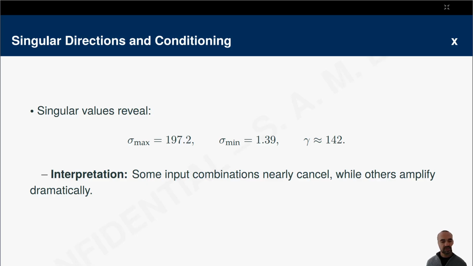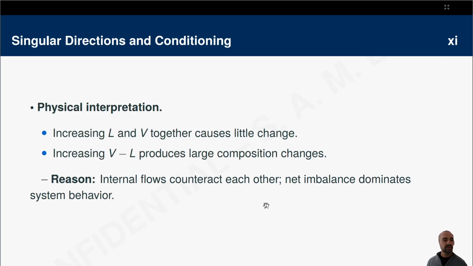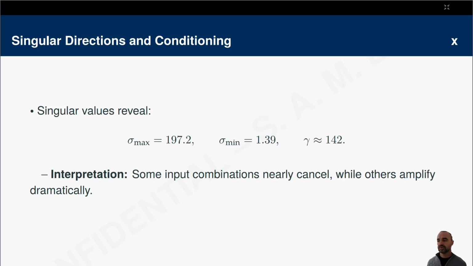I'd like to emphasize that this extremely large ratio of sigma max to sigma min means the system is ill-conditioned. What it means is that some input combinations nearly cancel while others amplify dramatically.